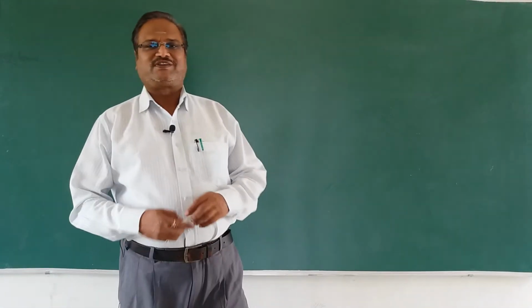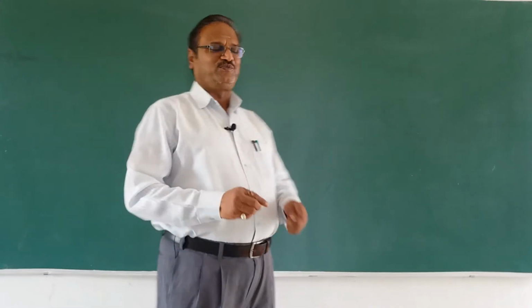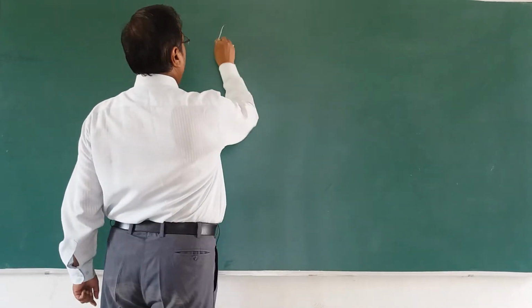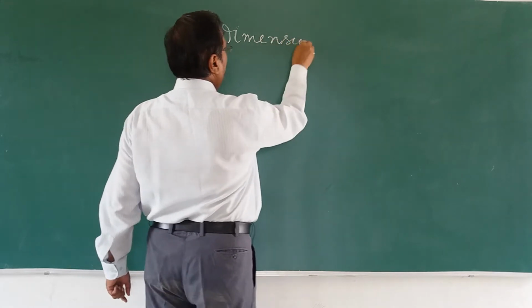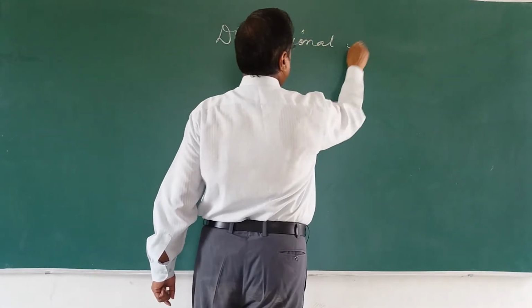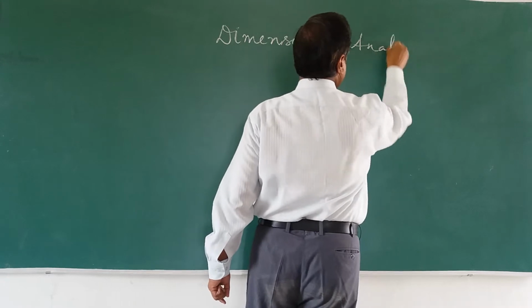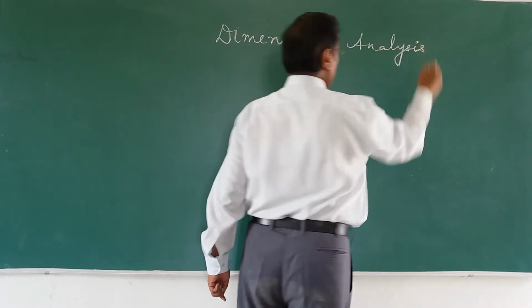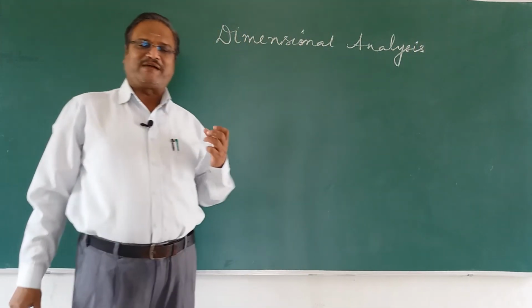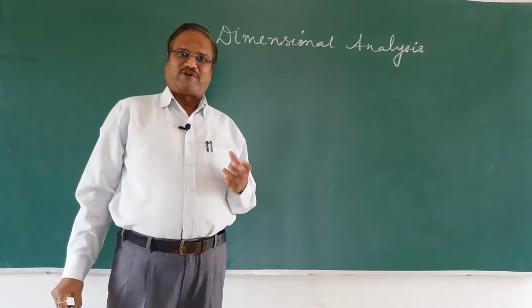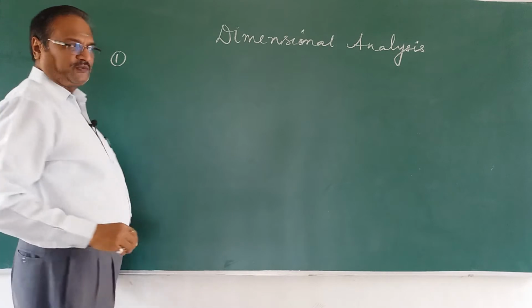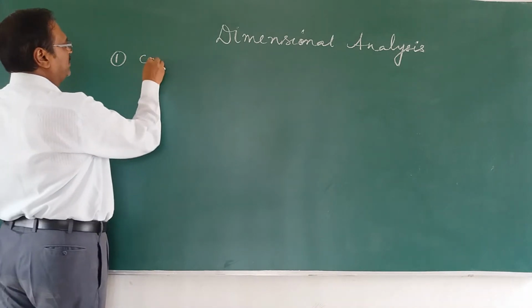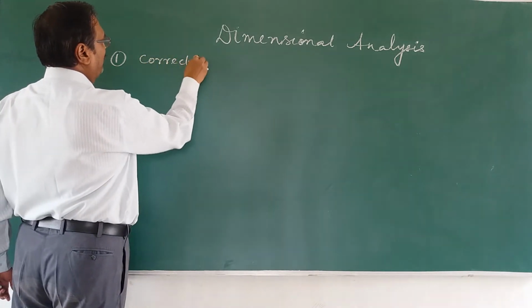Hello students, in this video we are going to continue with dimensional analysis. I told you there are two uses of the dimensional method already. The first is that we can check the correctness of an equation, that is, whether the equation is correct or not.